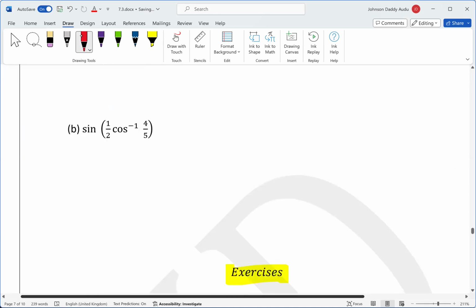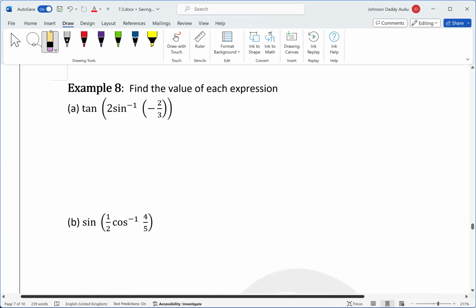All right. So now let's see example 8. Example 8, we have A and B as well, but it's similar. Example 8 says we should find the value of each expression.